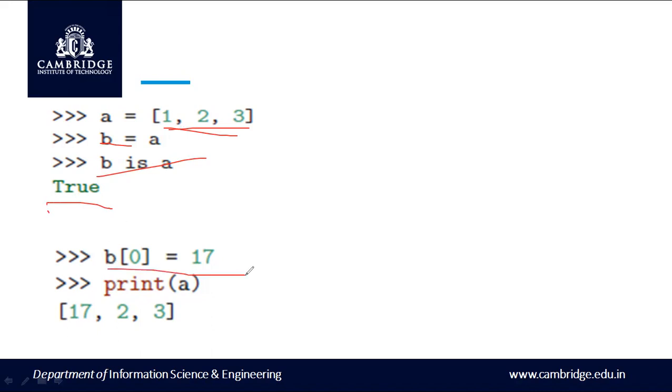And when you assign a value to the 0th element, that is the offset value 0, you can see 1 being changed to 17, with 2 and 3 unchanged, because lists are mutable. So the alias effect will be shown in the aliased object also.